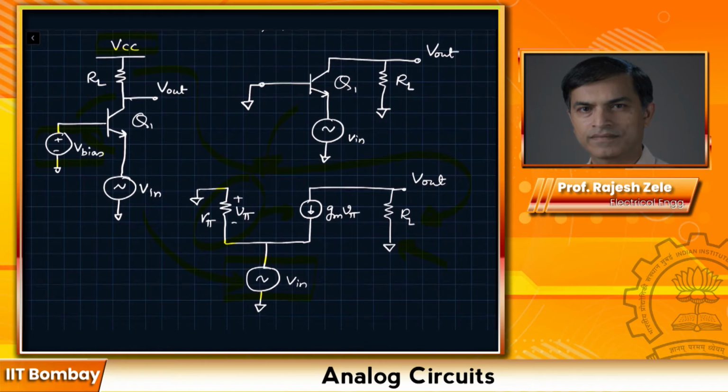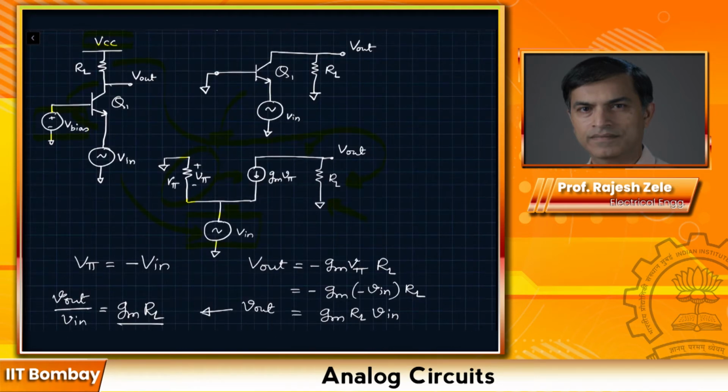At this point, I would like you to pause the video and do the KCL KVL equations for this particular circuit and tell me what is the gain from input node to the output node. So what we are looking for is Vout divided by Vin.